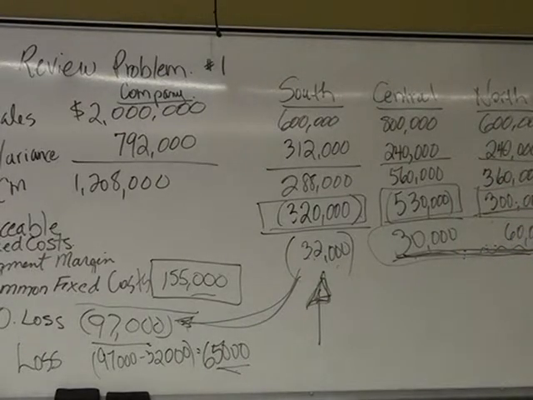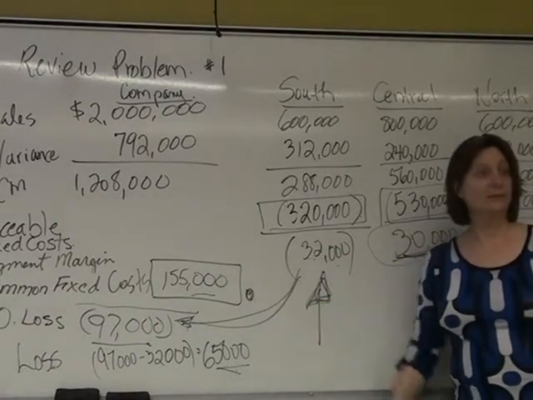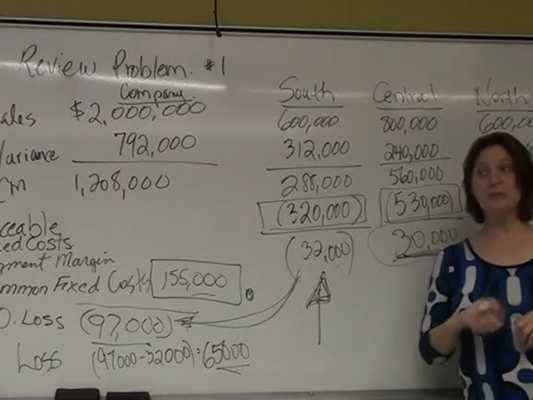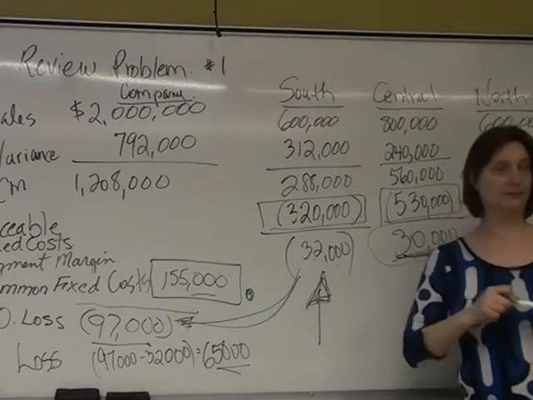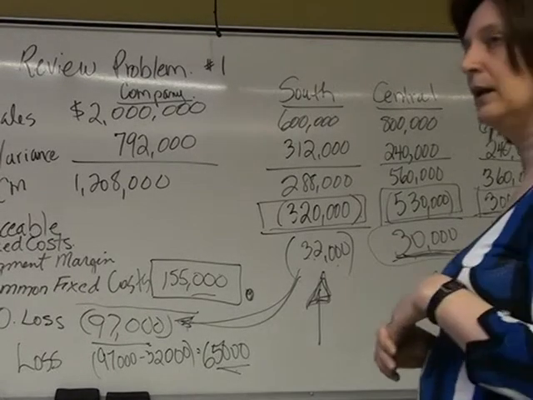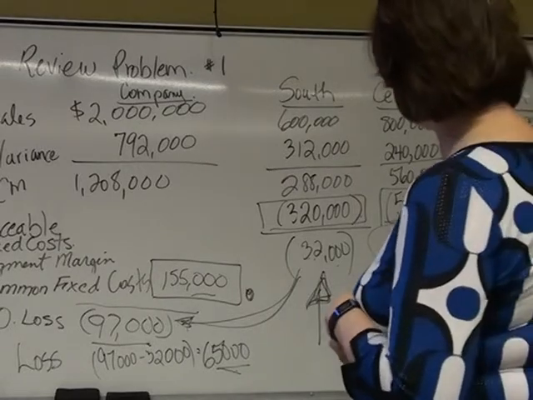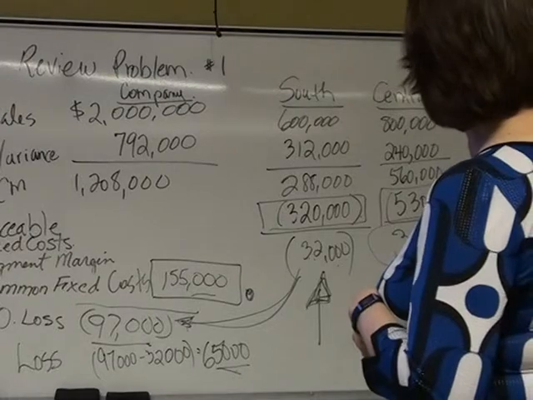But if you eliminate either of these two segments, your loss will get bigger because these won't go anywhere. You will continue to incur them even if you drop all three lines. Okay? So the common fixed cost is 155. Will we be asked to allocate into South, Central and North?